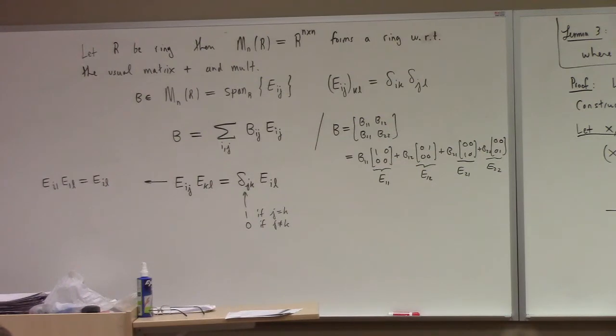And why would I do that? Because remember, the Bij's commute with everything here. So I can move the Ei1 out front, put my Bij E11 in here, and then put my E1j over there. What does that give me?